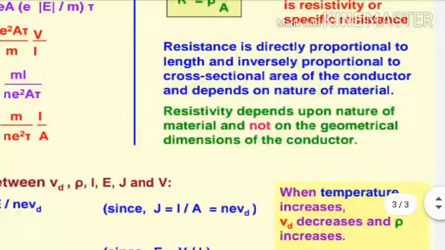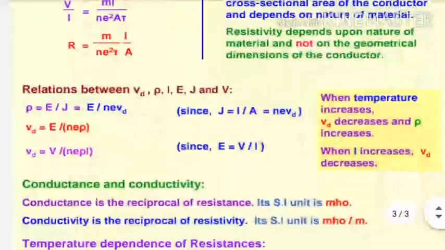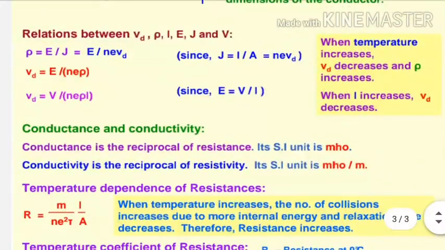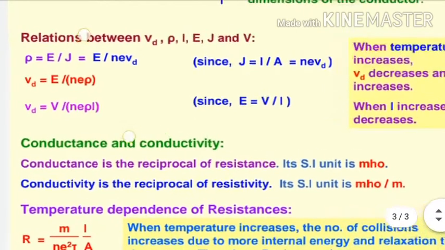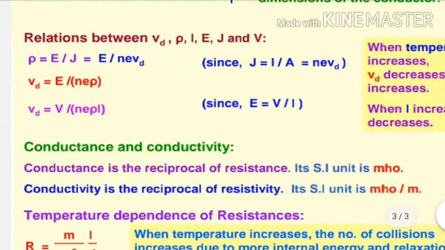Okay, the relation between v_d, rho, I, E, J and V. From here we know that rho equals E by J. So this can be expressed as E upon neV_d. Since we know that J equals I by A, and I equals nAe v_d, A and A cancel each other and J is nev_d.